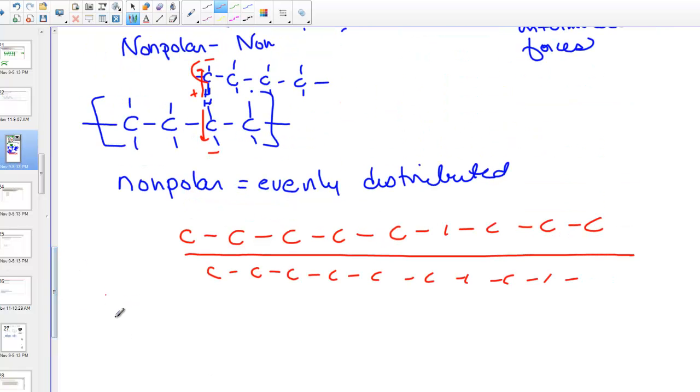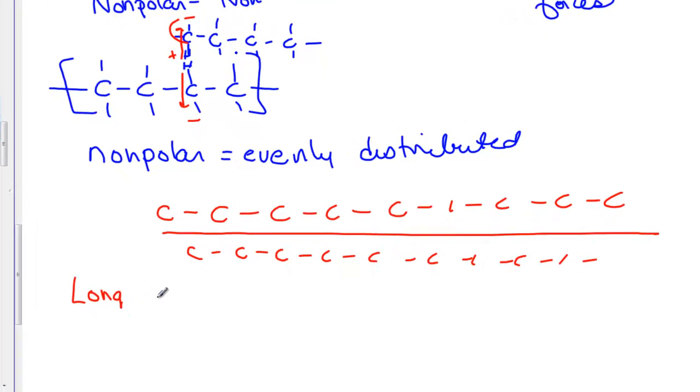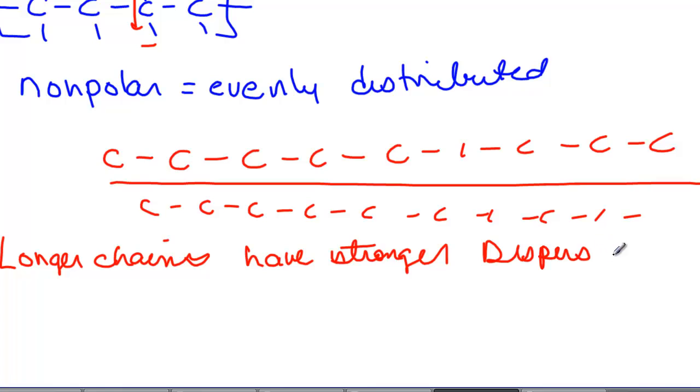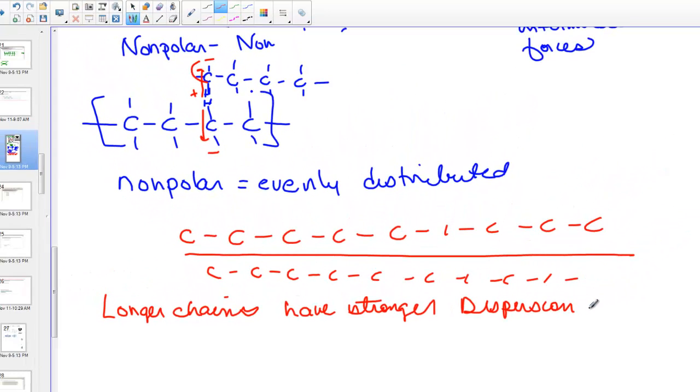So longer chains have stronger intermolecular attractions. Longer chains have stronger dispersion forces. And again, that's because of surface area. When they're large molecules, they have a wonderful opportunity at setting up these induction poles.